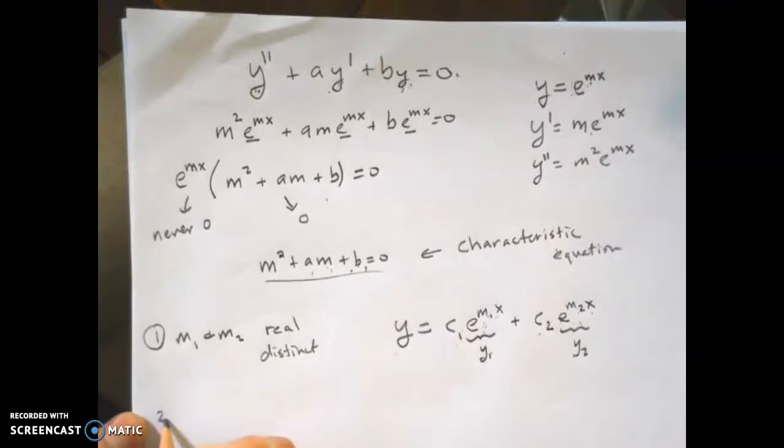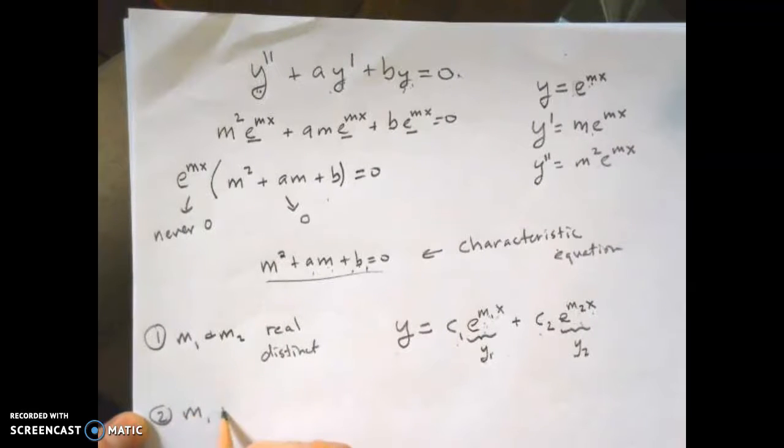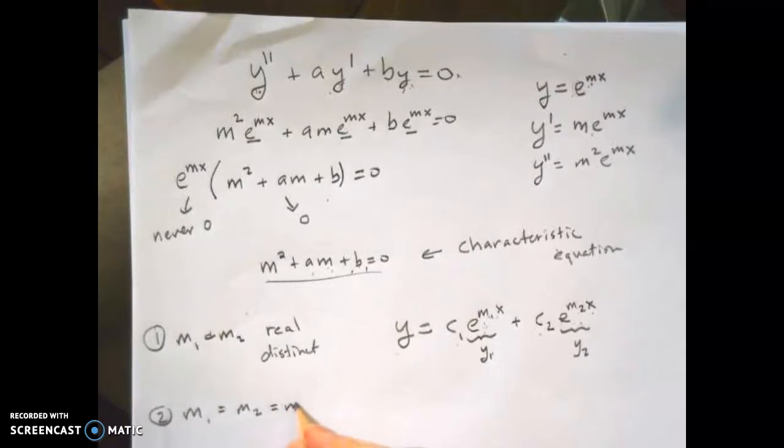Okay? Your second case is where m1 and m2 are equal, so we can call them both just m. So they're real and not distinct. This would be m1 is 2 and m2 is 2.